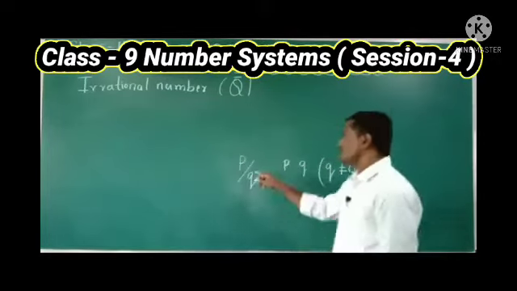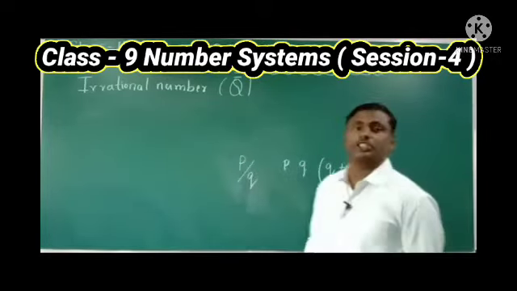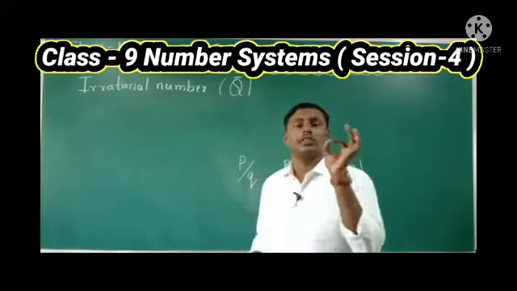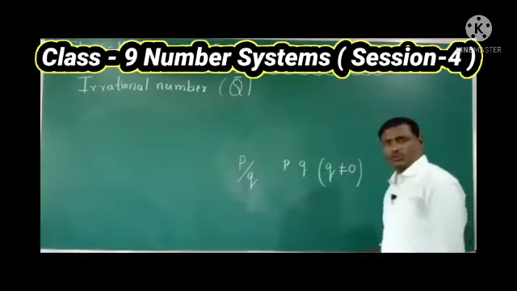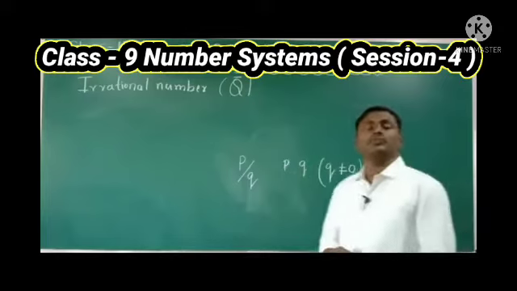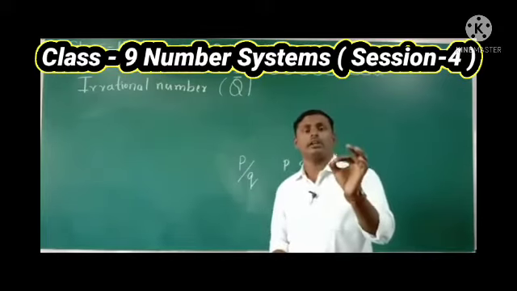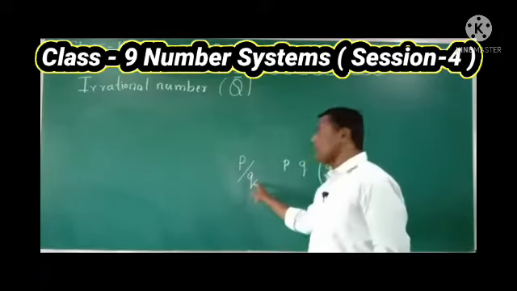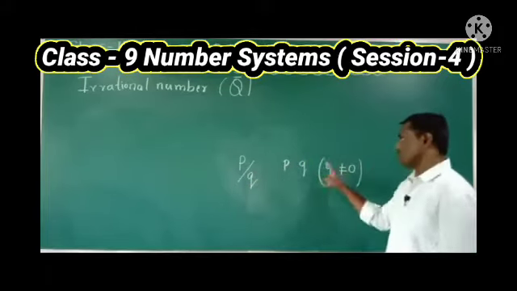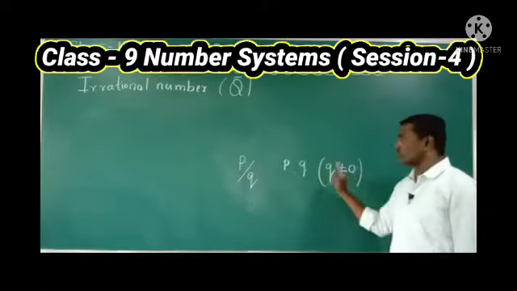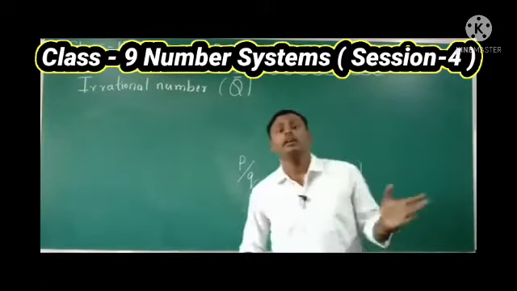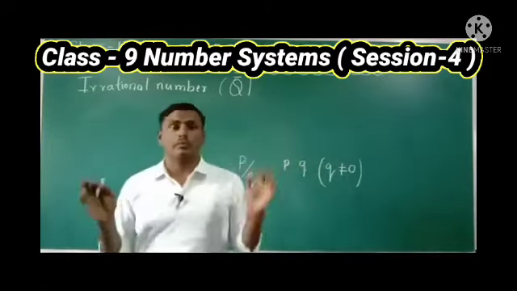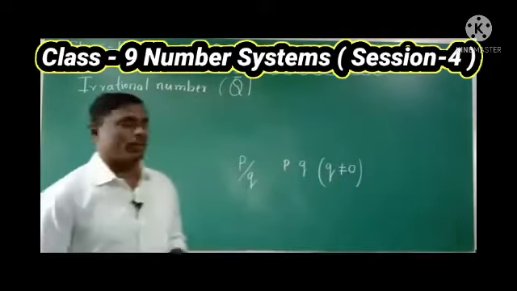It means the denominator of the fraction is not equal to 0. So this is the definition of rational numbers. A rational number is a number represented in the form of p by q where q is not equal to 0, and p and q are any integers, whether positive or negative.